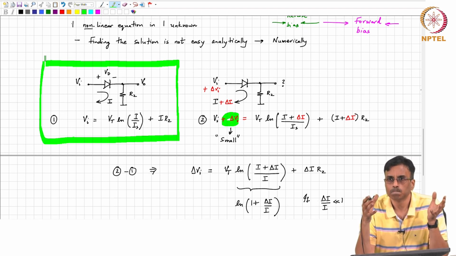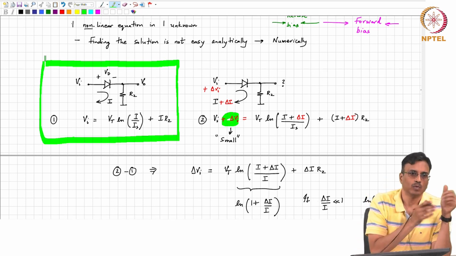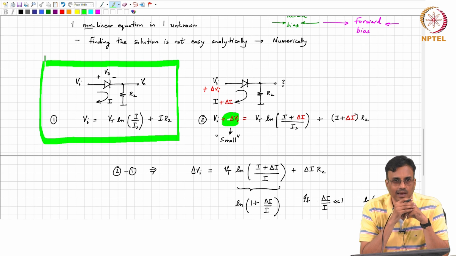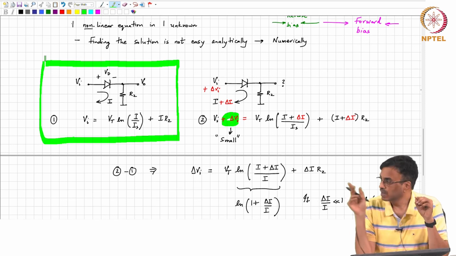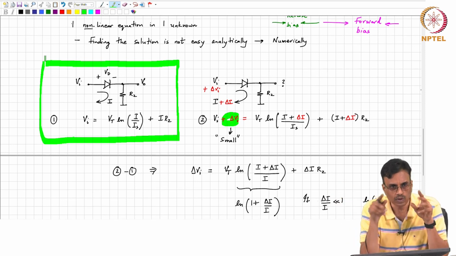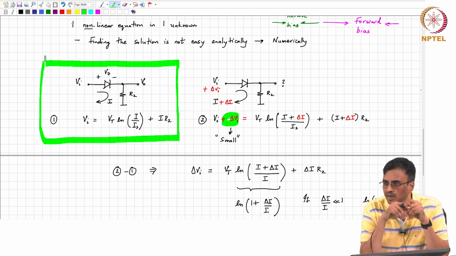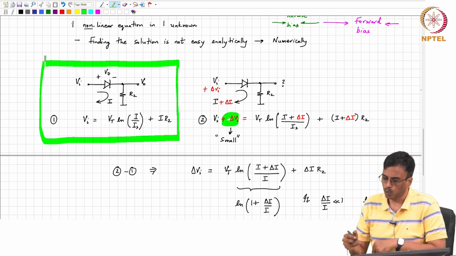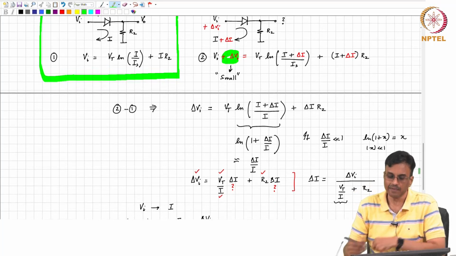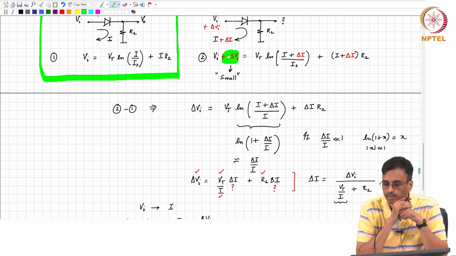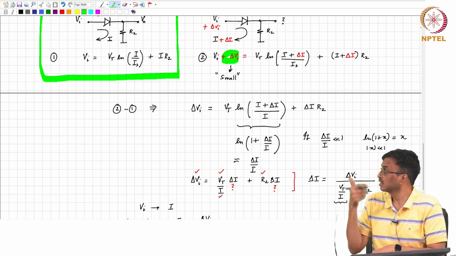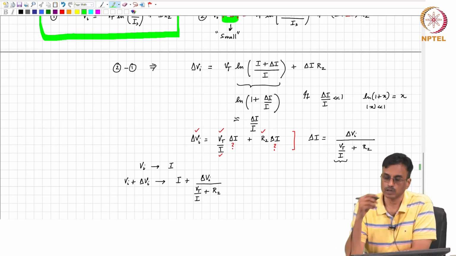One can actually leverage the work you have done for the previous example, where you found all the voltages and currents for a given excitation, and from that it seems a much easier job to find what happens to the branch currents and the node voltages when the excitation is changed by a small amount. And in this particular example, what comment can we make? What qualifies as a small excitation? Look at where we have made the approximation.